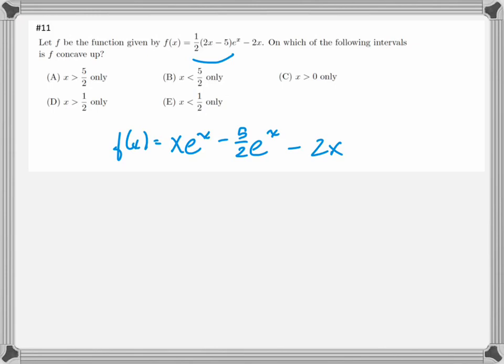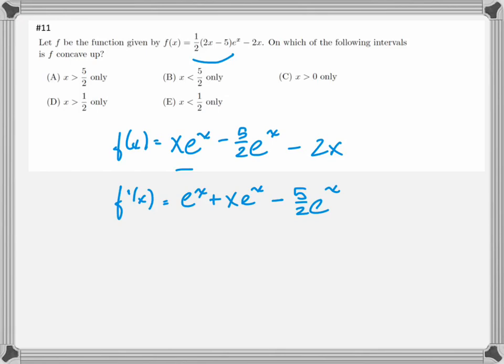So when I take the derivative, this has to use the product rule. So f prime of x would be equal to 1 times e to the x plus x e to the x. And then this would be, check this out, this is 5/2 e to the x, so minus 5/2 e to the x.